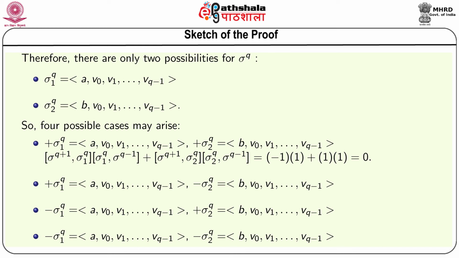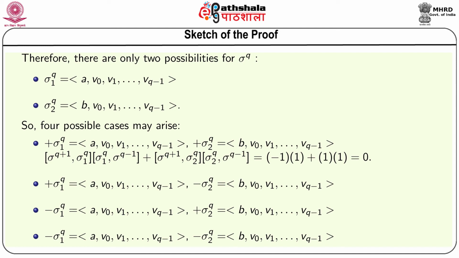The second case is when sigma q1 is positively oriented and sigma q2 is negatively oriented. If we do the same calculation, we will get back the value as 0. In case 3, sigma q1 is negatively oriented and sigma q2 is positively oriented; computing the values of the incidence numbers, we can see that the sum of the products will be equal to 0.